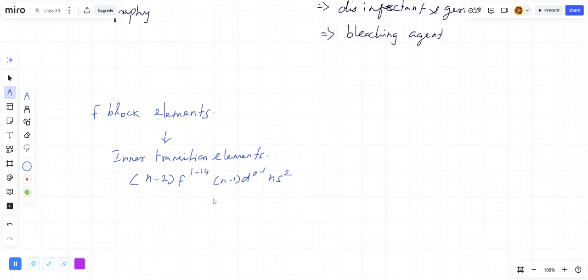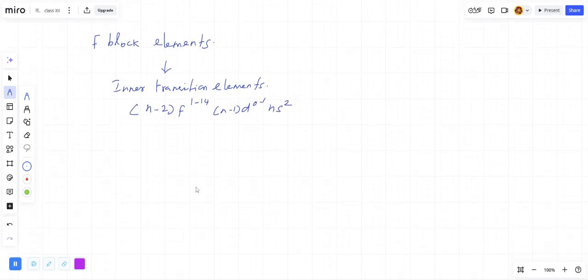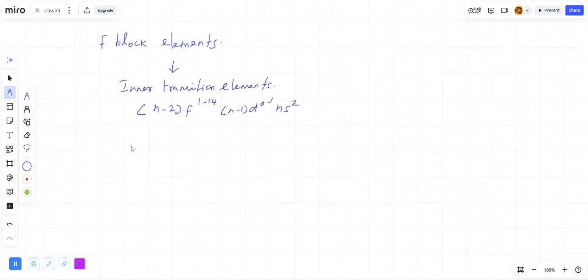This is the general configuration for f block elements. Here we will look at classification, properties and trends.